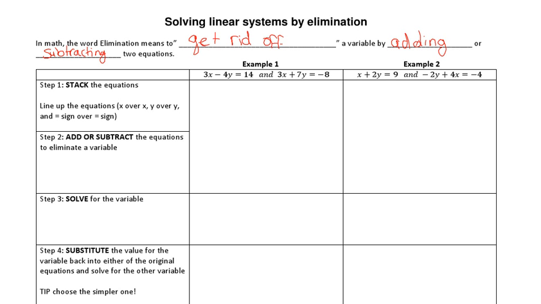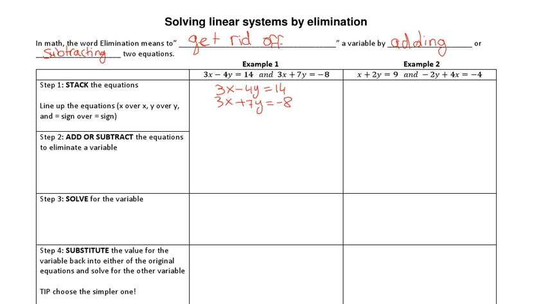Okay? So if I'm looking at this, I have 3x minus 4y equals 14, and I have 3x plus 7y equals negative 8. To line them up, I write them on top of each other, so 3x minus 4y equals 14, and 3x plus 7y equals negative 8.